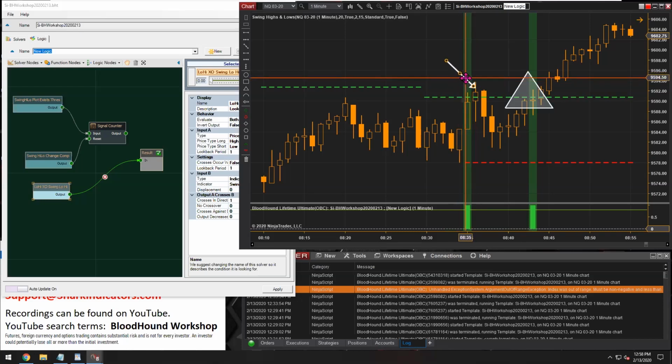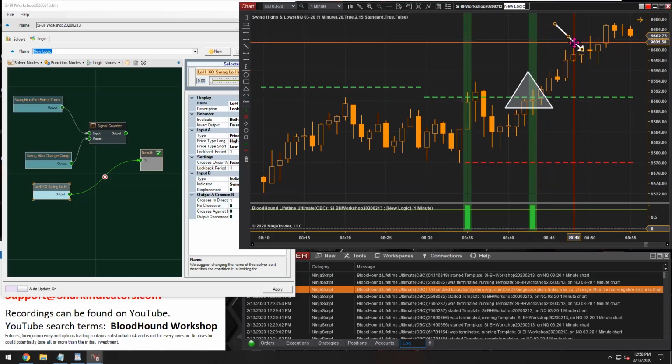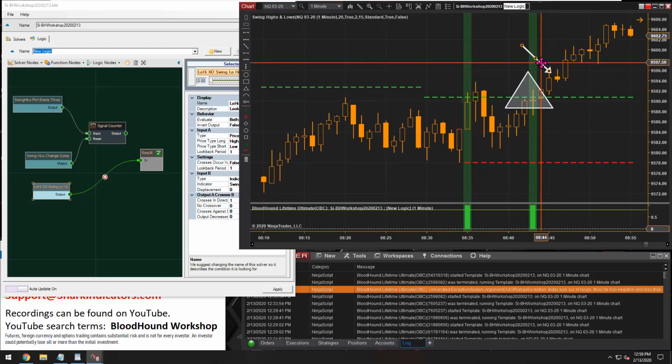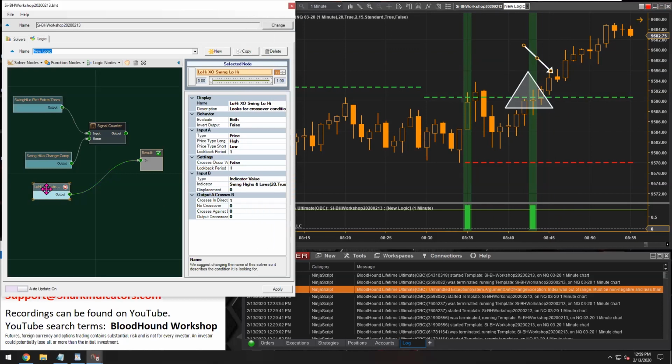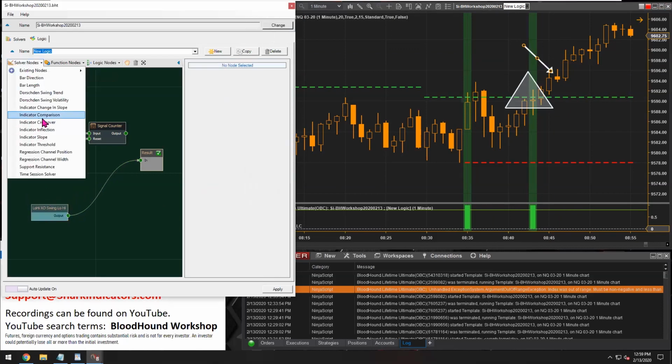So all these bars after the break have broken the swing high, but they're not being identified. So these 2 bars back here would not be resetting the signal counter. So it might be best if I actually use a comparison solver here.